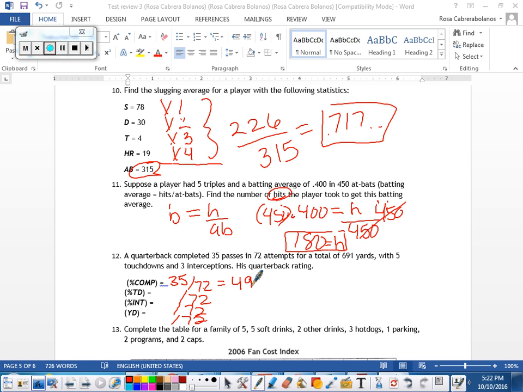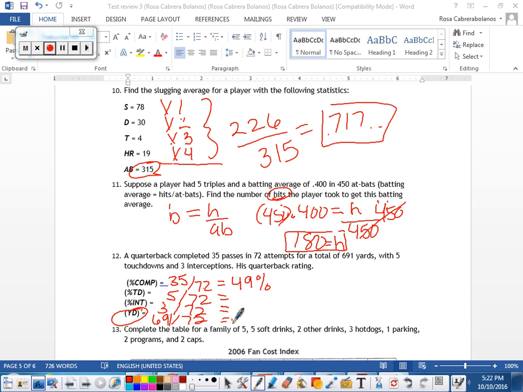And then the touchdowns, there were 5 touchdowns. I don't remember what that one gives you. For the interceptions, there were 3. And then the yards, there were 691. So all you gotta do is divide those out and make sure you turn them into percentages, except for the yards. That one's not a percent, so leave it however it comes out on the calculator.